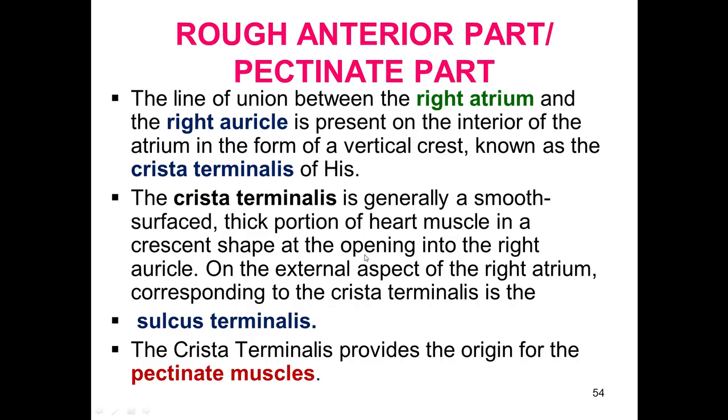Now we have to study the rough anterior part, or the pectinate part. What are the features? The line of union between the right atrium and the right auricle is present on the interior of the atrium in the form of a vertical crest, and that is known as the crista terminalis.